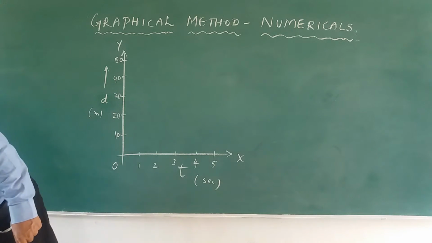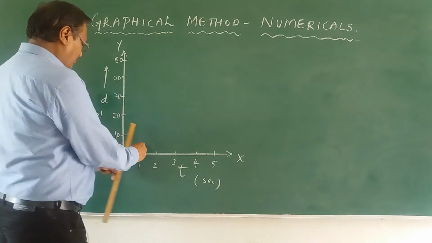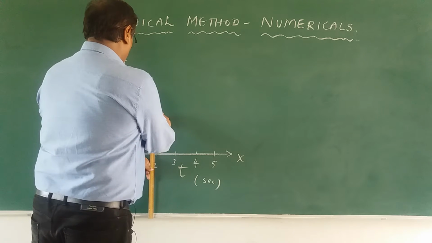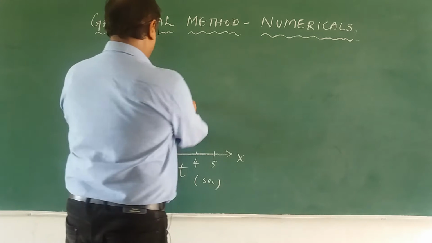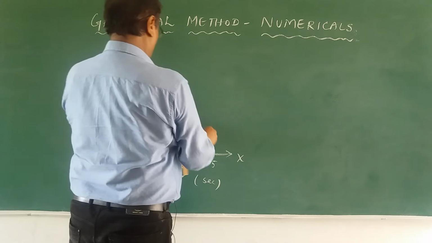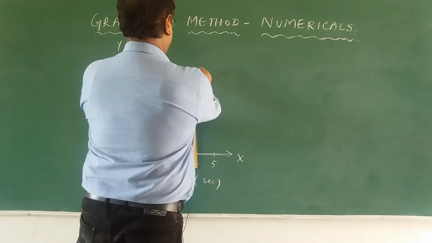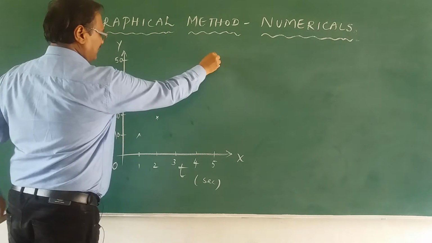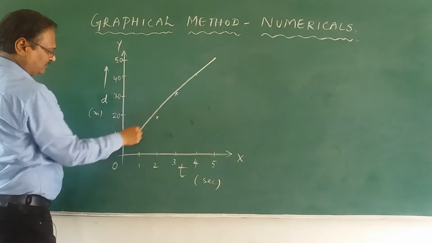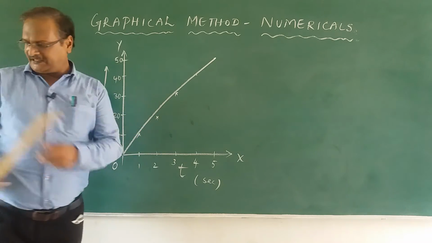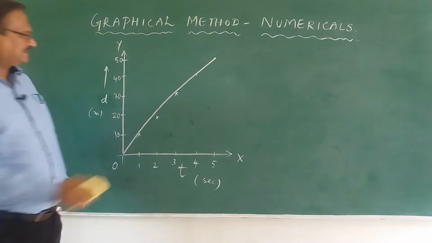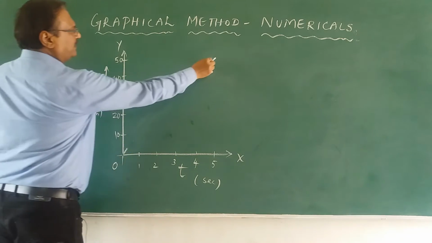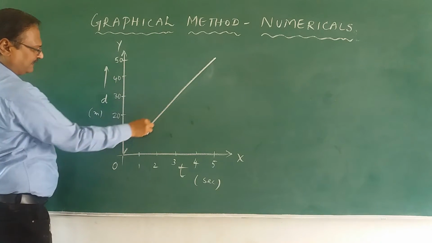Then if I plot a graph for 1, 10, and for 2, 20, and for 3, 30, and 4, 40, and 5, 50, it will turn out to be a straight line. It is bending a little bit, don't worry about that. Otherwise, if you use the scale properly, it will turn out to be a straight line graph.